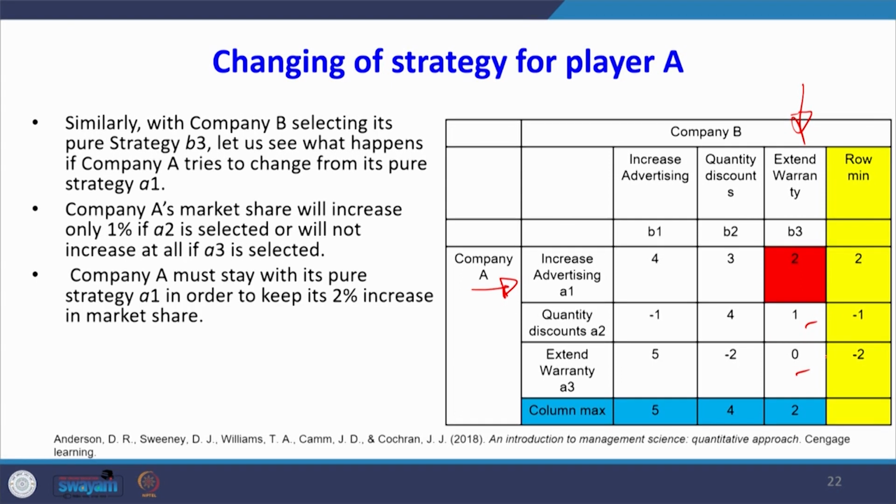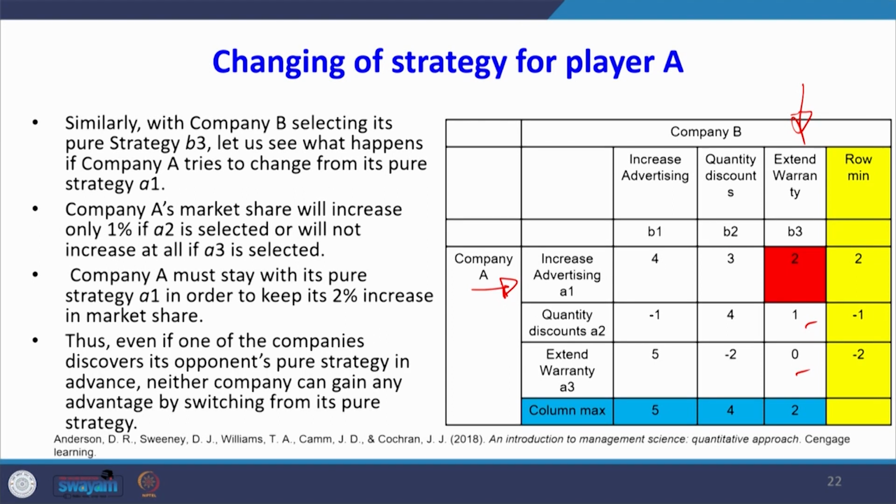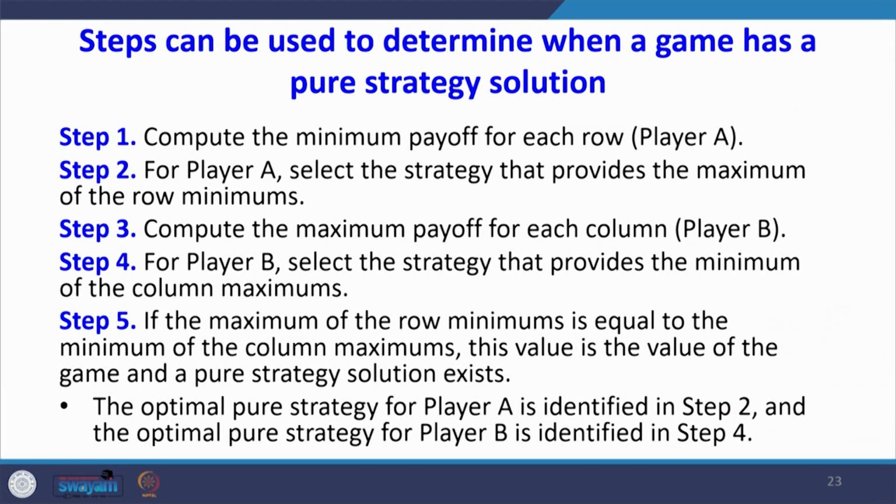Company A must stay with the pure strategy A1 in order to keep its 2% increase in the market share. Thus, even if one of the companies discovers its opponent's pure strategy in advance, neither company can gain any advantage by switching from its pure strategy. Because if you know the pure strategy, whether company A or B, they cannot switch over their strategy. If they switch over, that will not be beneficial for them.